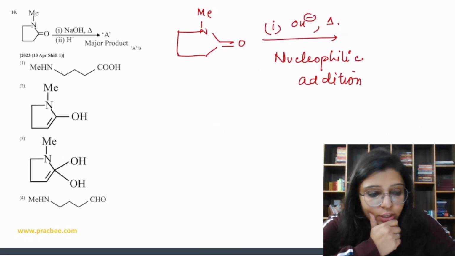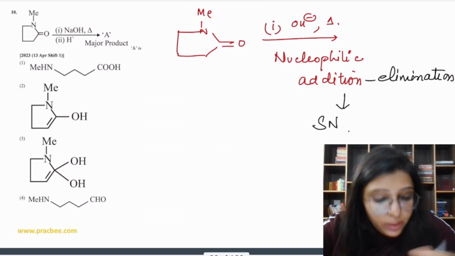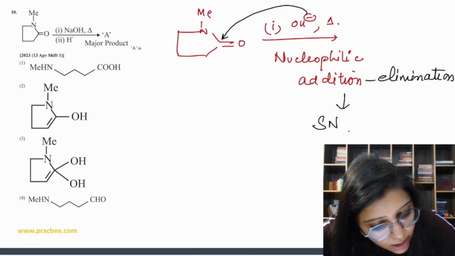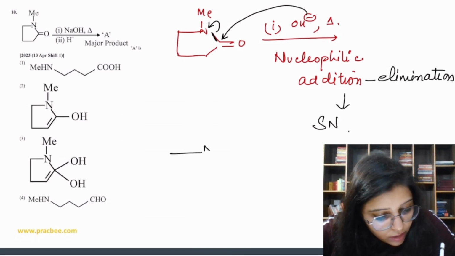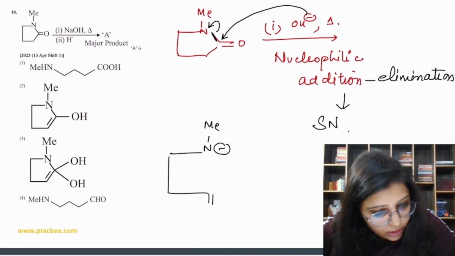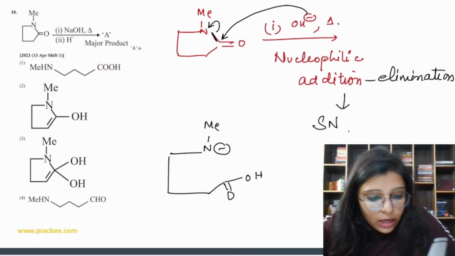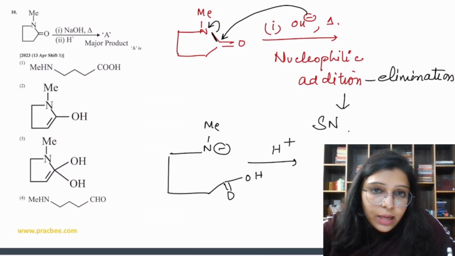So nucleophilic addition-elimination reaction, which we can write as a nucleophilic substitution reaction. OH minus attacks this carbonyl carbon, and the electron of this bond shifts to this nitrogen. So from here we get NMe with a negative charge, then double bond O and OH. Now in the presence of H plus, what happens?